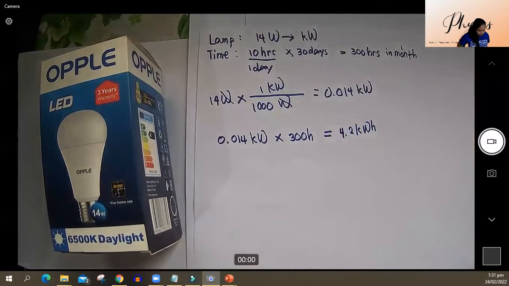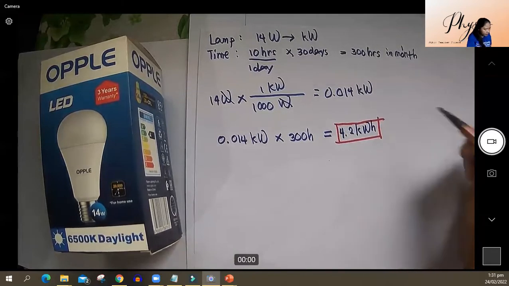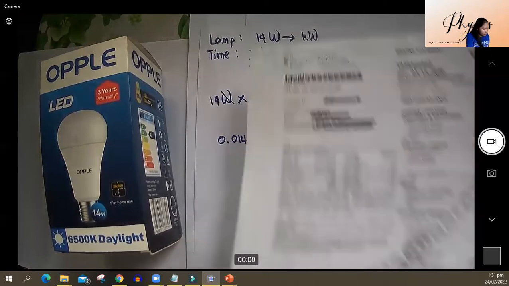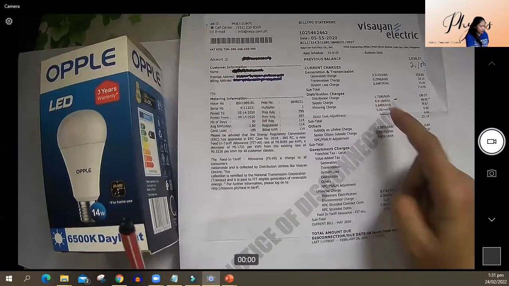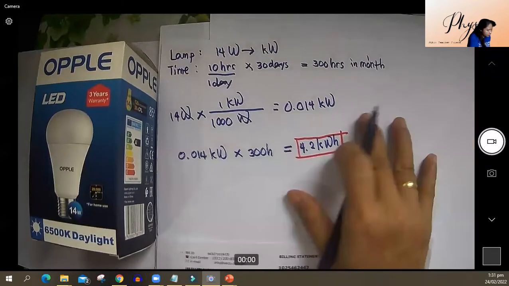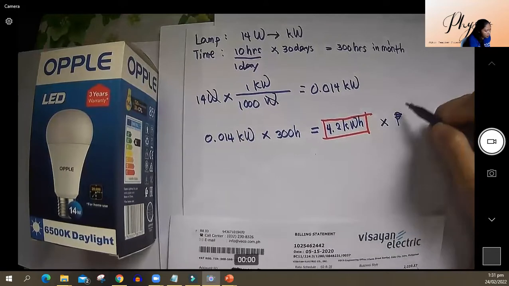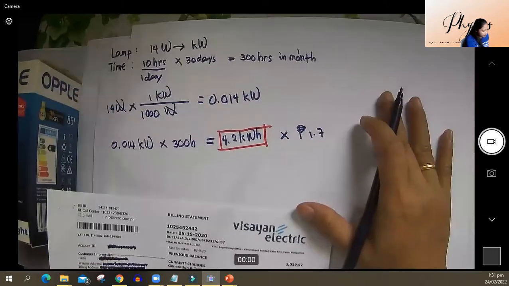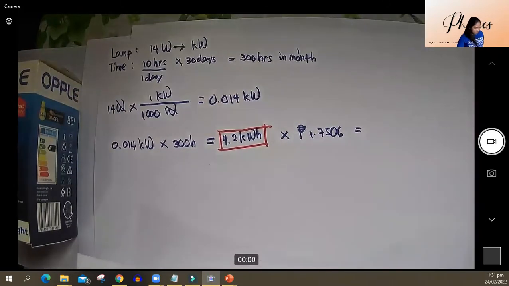So using the lamp for 30 days, but how much is this in peso? Again, you go back to your electric bill and you multiply it with the cost. The cost is 1.7506 per kilowatt hour. So 4.2 kilowatt hour times 1.7506.